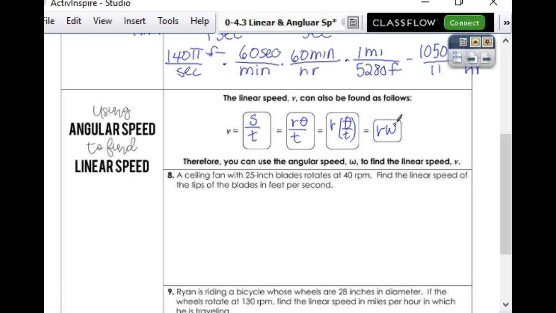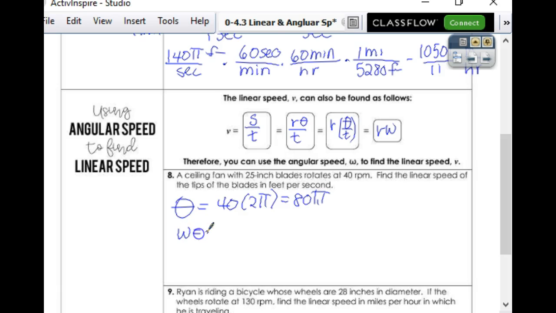So just like every other problem, where do I always start? Theta, and my theta is 40 times 2 pi. And that gives me 80 pi. And so the next thing I have to do with W is I have to divide by time. And this is in minutes.